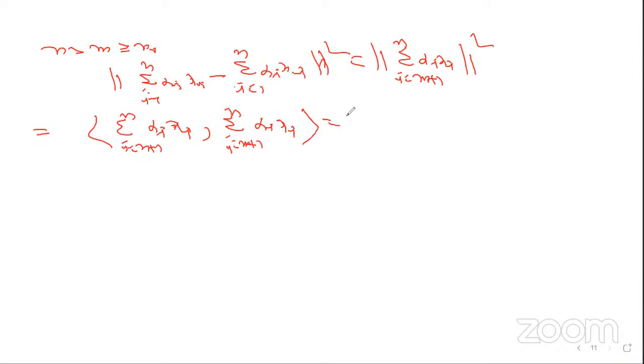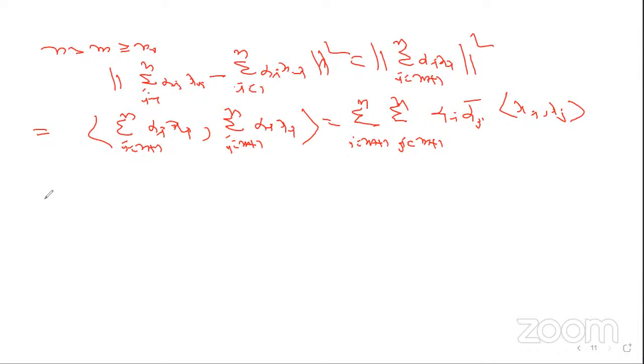That equals the double sum, i equal to m plus 1 to n and j equal to m plus 1 to n, of alpha i alpha j conjugate, inner product of xi comma xj.